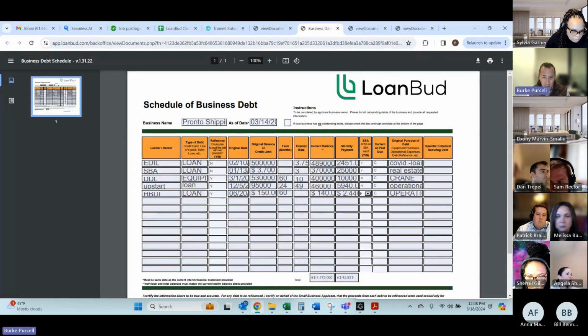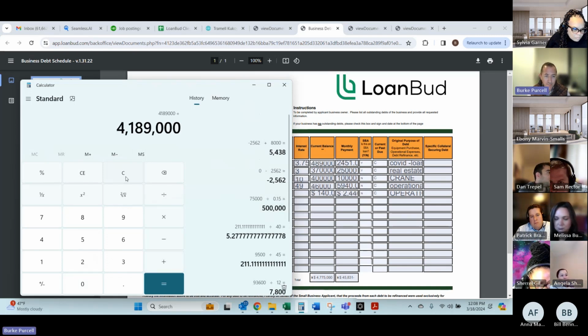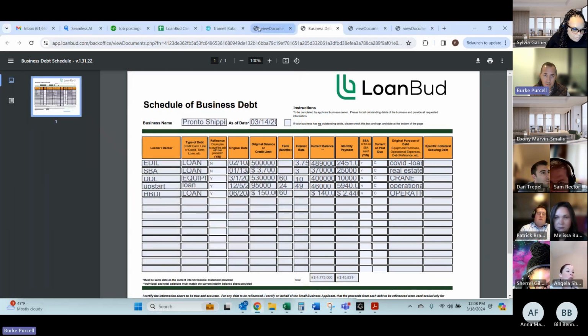Out on the 5 million though. That's a good question. So they've got 489,000. So what Angela's saying is, well, aren't they going to not have enough SBA eligibility left? Because it's $5 million. So 489 plus 3.7, they're at 4.1. So if I do another like $608,000, they're going to be within their limits.